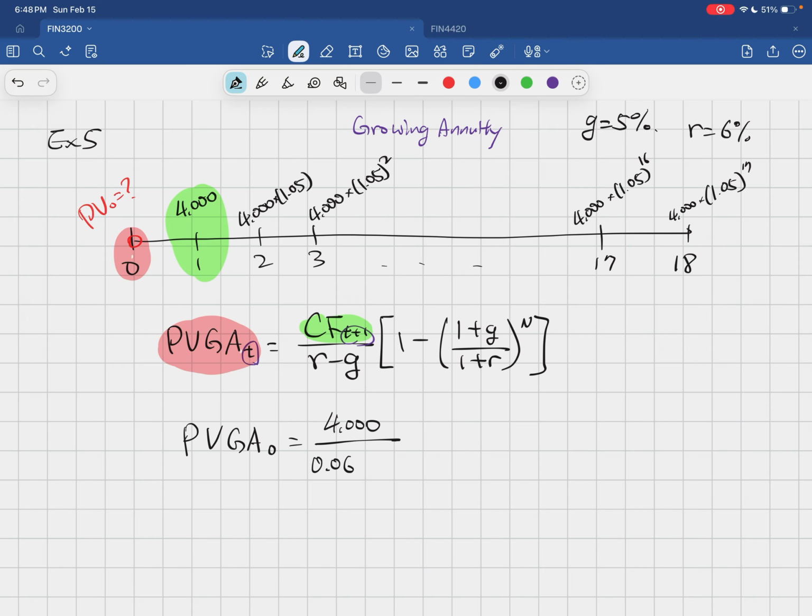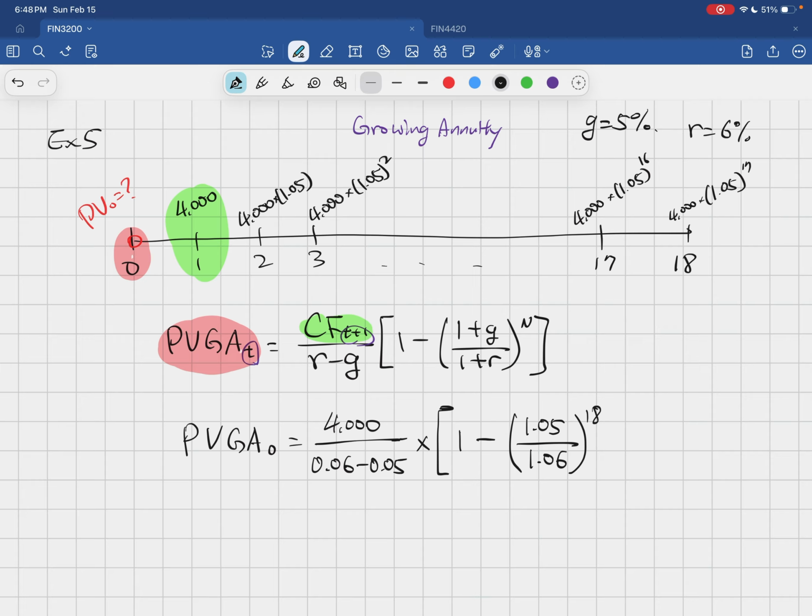R is 6%, g is 5%, and then we plug the numbers in. 1 plus g is 1.05, 1 plus r is 1.06. This entire thing raised to the 18th power.